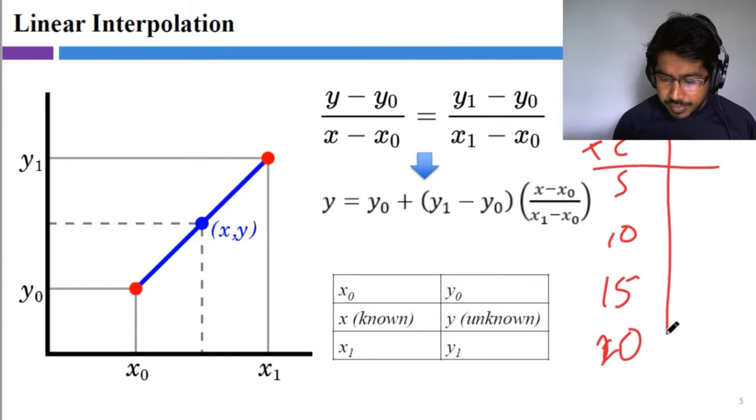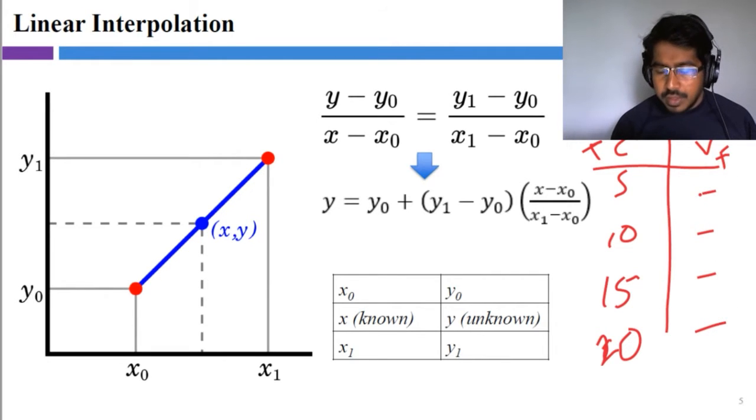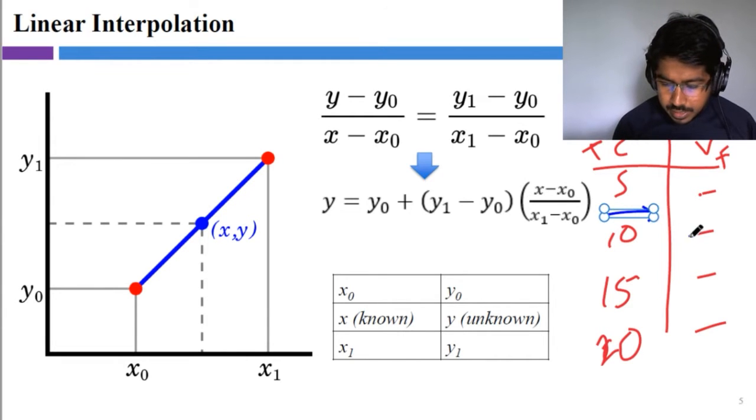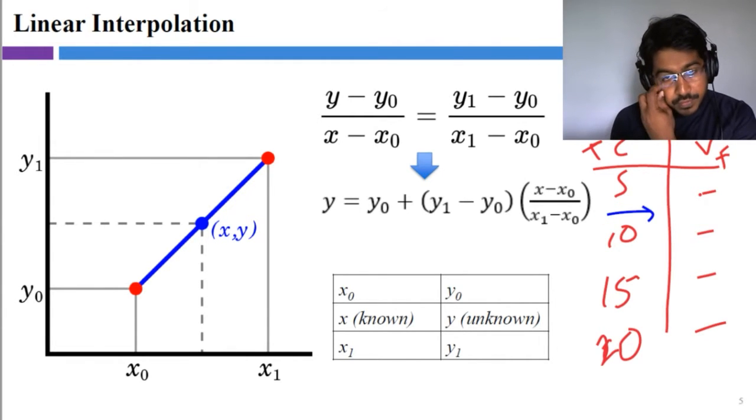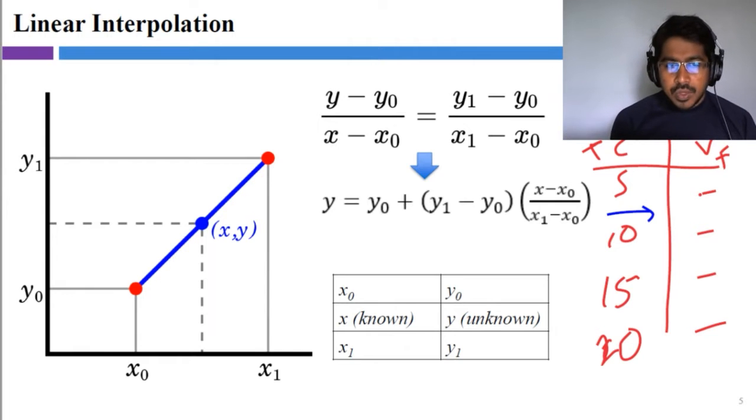And then maybe we had vf values for each of these. But what if we wanted to find the vf values for an intermediate temperature that you don't see here? What if we wanted to find the specific volume at 7.5 Celsius? Then we don't have a table for that, right?